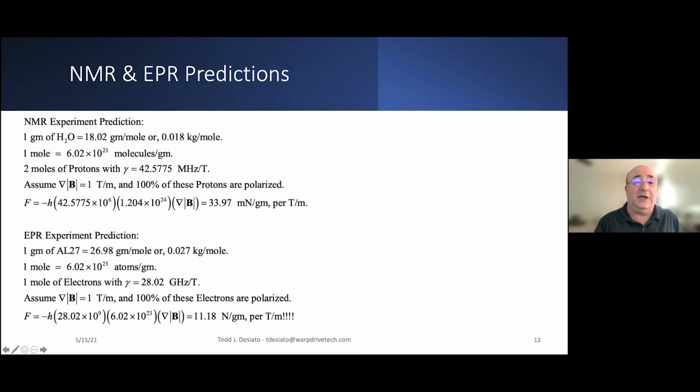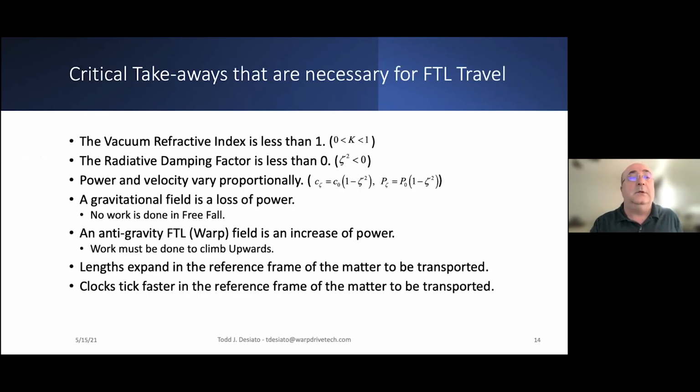This is the equation, and this is the prediction that says we'll be able to design things using nuclear magnetic resonance, magnets, and RF gigahertz, as has been observed on some of these UAPs, to make craft that can move like a Tic Tac. So the critical takeaways here are the vacuum refractive index is less than 1, or the radiative damping factor is less than 0.